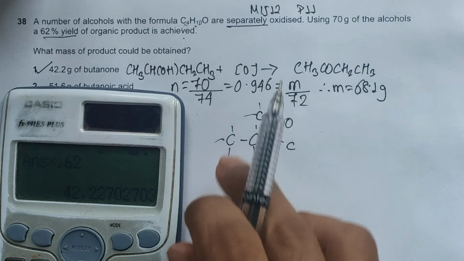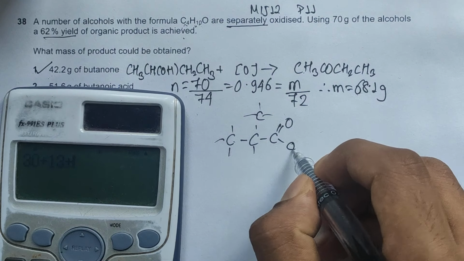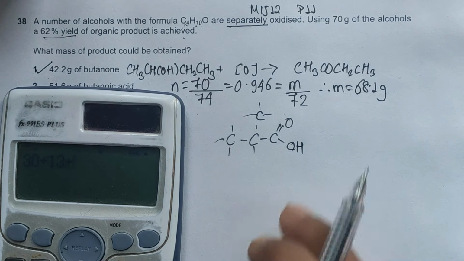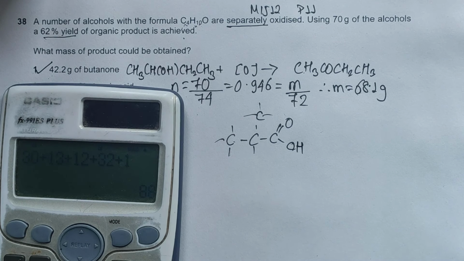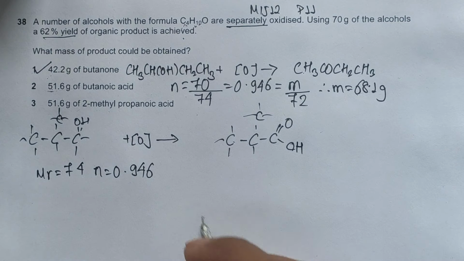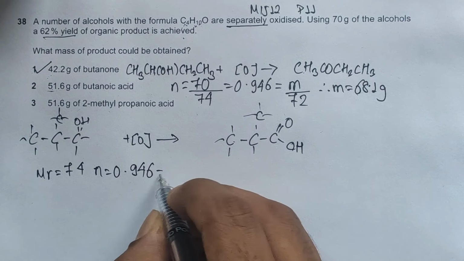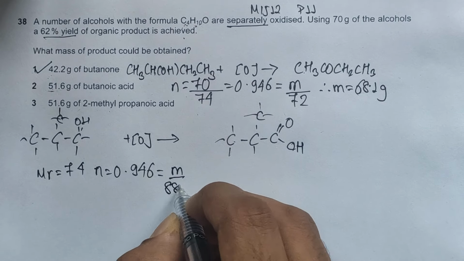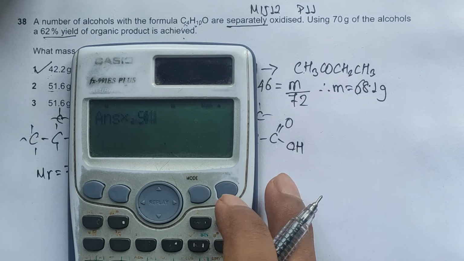The Mr value would be this is 15, this is 15, this makes it 30, this is 13, and COOH, which is 12 plus 32 plus 1. The Mr value is 88. So its mass in case of 100% yield would be mass divided by 88, therefore the mass would be 88 into 0.946.